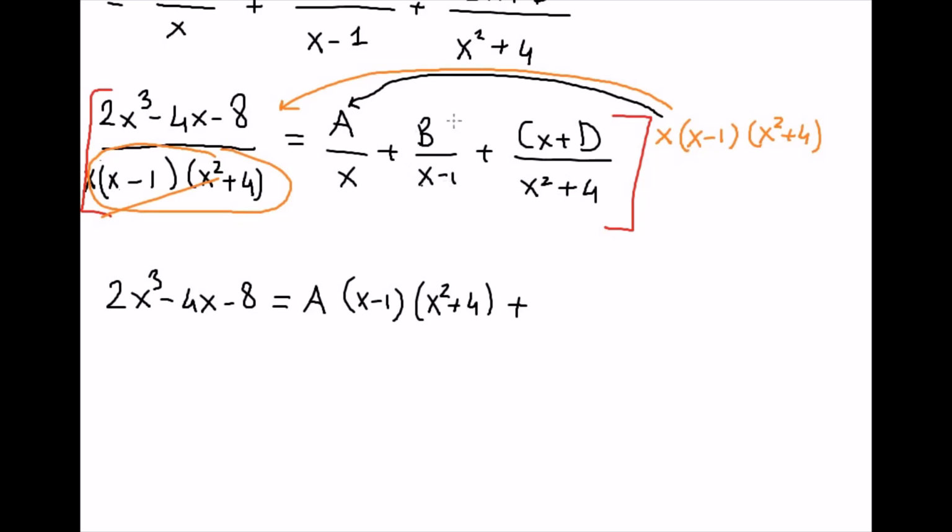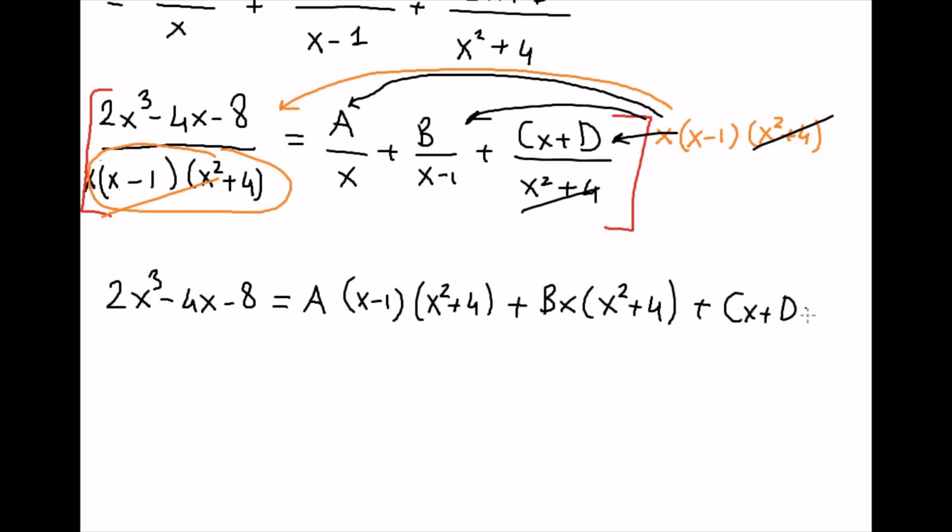Plus, if we multiply B over x minus 1 with the LCD, only the x minus 1 part cancels out, so B times x squared plus 4. And if we multiply the last term with the LCD, only the x squared plus 4 part cancels out, so Cx plus D times x minus 1.